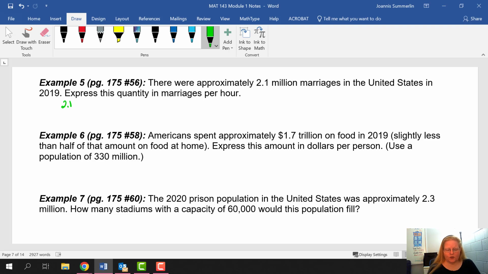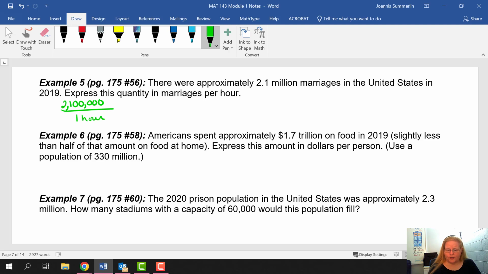So it's like 2,100,000. That's my 2.1 million. That's what it looks like. Marriages is what's on top, per hour.